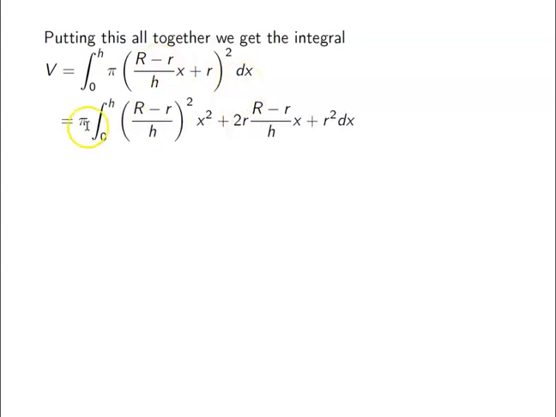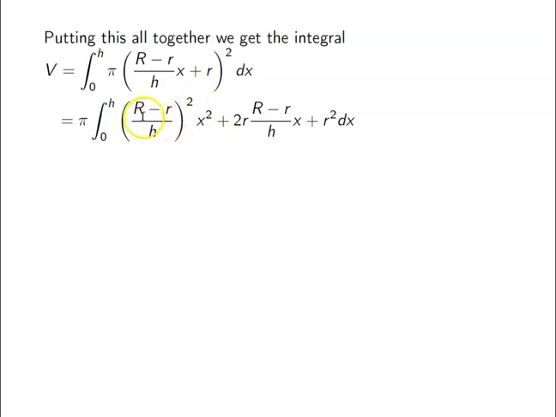So if I start to simplify this down, I can pull out the constant pi, right? If I expand this, I get the first term squared, the last term squared, and 2 times the middle term. So 2 little r times this slope times x, right? So this is just an expansion, very, very standard.